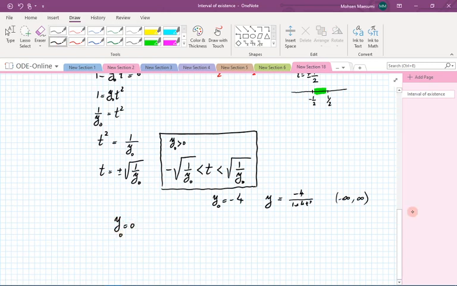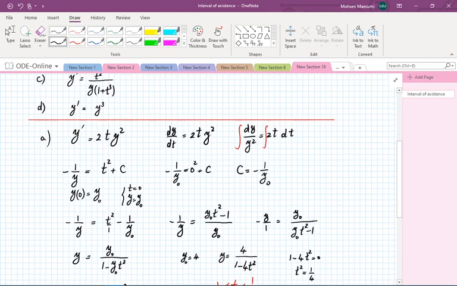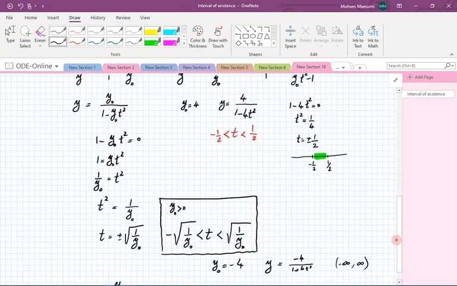If y0 is equal to 0, we can answer the problem in several ways. At the beginning, we excluded that. But if you start at 0, your slope will be 0 and you are permanently stuck at 0. Here's another way of seeing this thing. Luckily, our answer covers all bases. We don't need a separate answer.